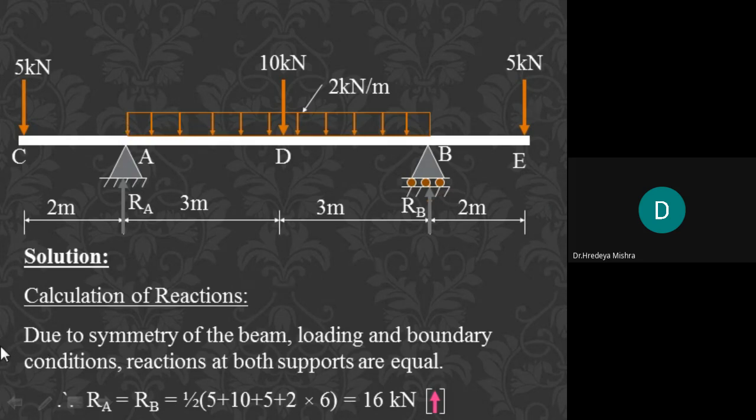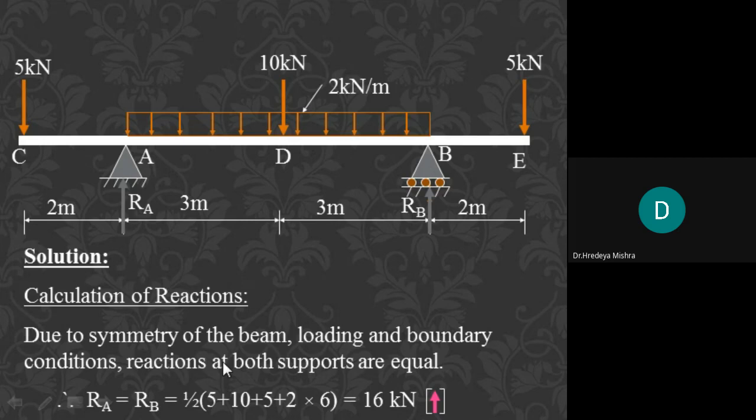The first step is to calculate the reactions. RA and RB are the upward forces and all other forces are downward, so for equilibrium, upward force is equal to downward force.